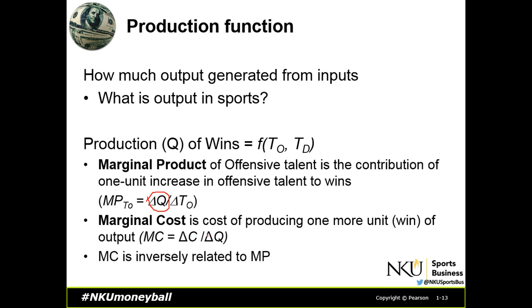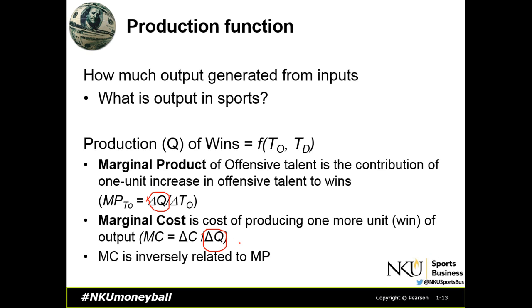In our marginal cost equation, that change in quantity is in the denominator, which will tell us, hey, there must be an inverse relationship here between marginal cost and marginal product, and indeed there is. And the reason for that is because more productive inputs are going to add to output more cheaply.